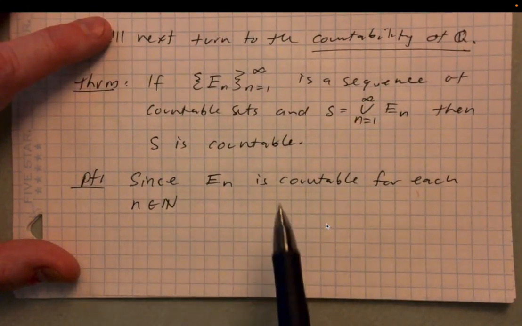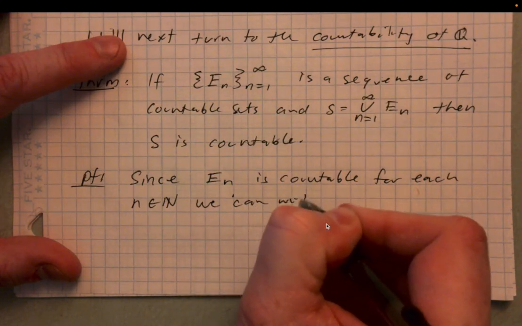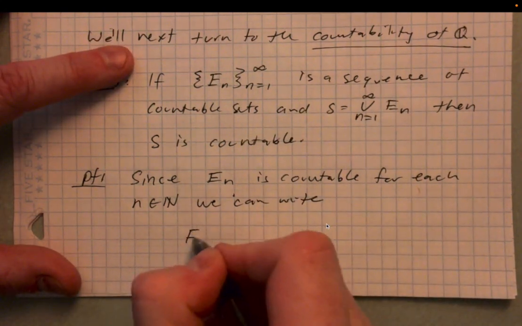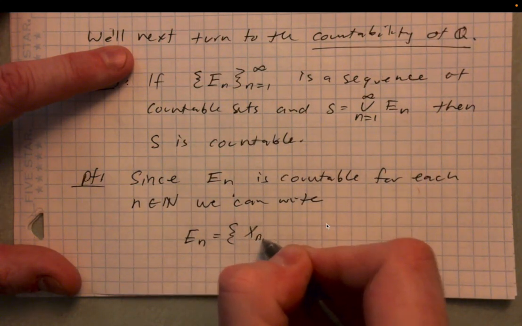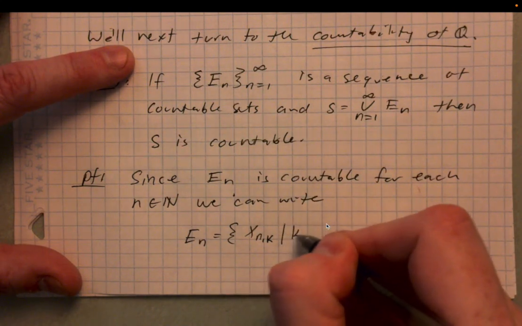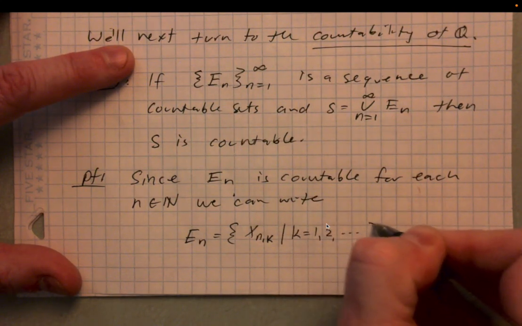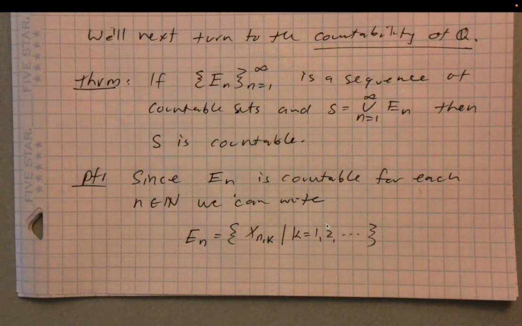So since E sub n is countable for each n in N, we can write E sub n equals the set of x sub n,k such that k equals 1, 2, 3, and so on. And so this is going to be like an enumeration of E sub n.